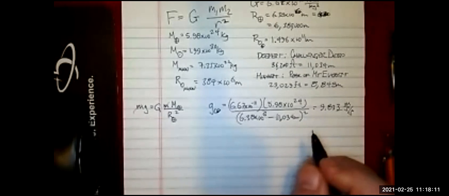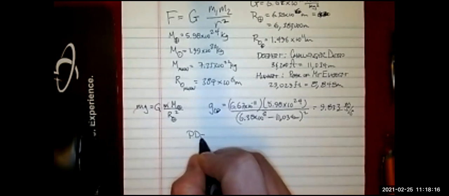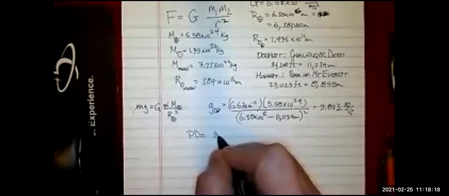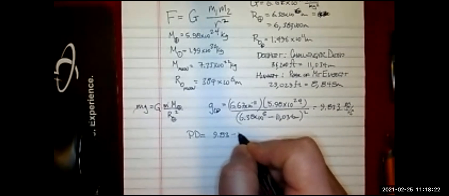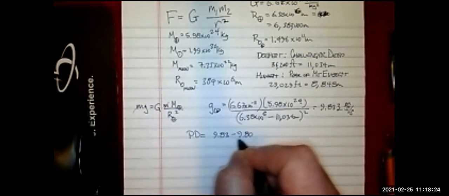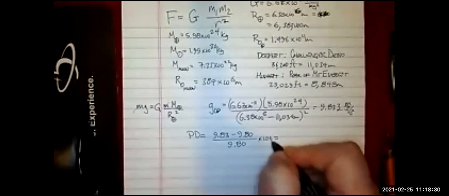And I asked what the percent difference would be. Well, the percent difference for that would be equal to, I'm going to do big one minus small one, 9.83, that's the proper number, sig figs, minus 9.80 divided by 9.80. And then I multiply by 100 to convert it to a percent.